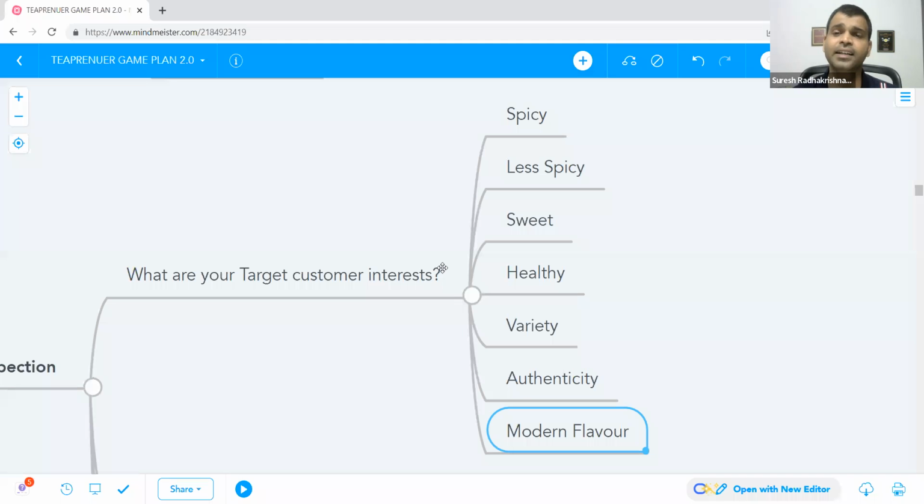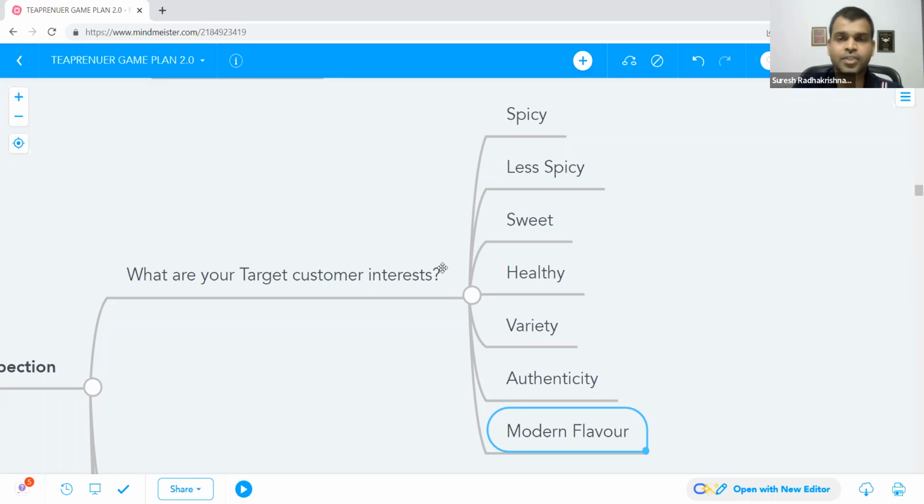Let's say your target is more than 45 years, you're targeting the family crowd, you would definitely want to have less spicy items. Or if you're targeting senior citizens, a part of your target customers can be from a different segment, then you need to definitely provide less spicy food. Sweet. Let's say you're targeting kids.